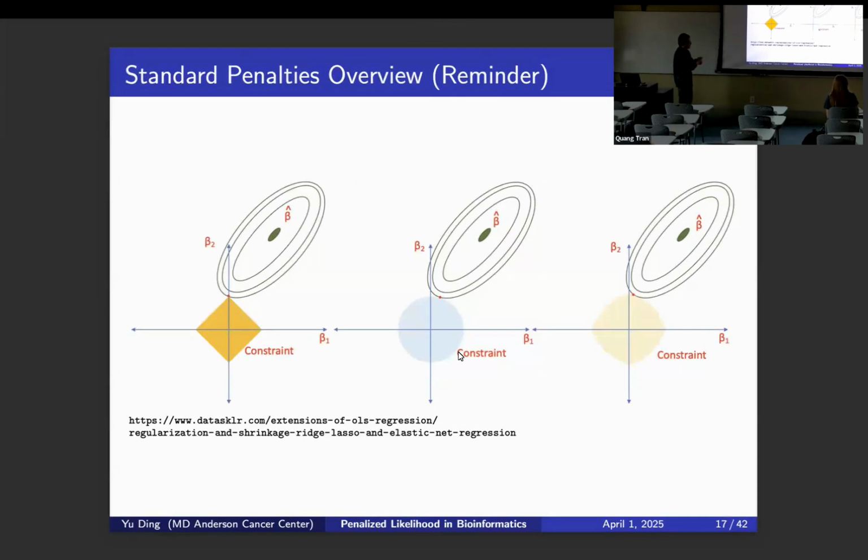Okay, let's get back to the plot. This is ridge regression, which we have already introduced, and this one is lasso regression. As I said, with the effect of ridge regression, the final estimation transfers from the green dot to this red dot. With the effect of lasso regression, it transfers from the green dot to this red dot. This red dot takes the value 0 for beta 1 estimation, and this is the value for beta 2.